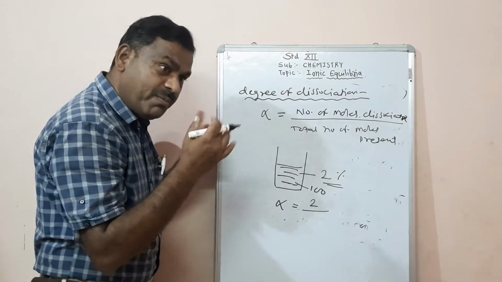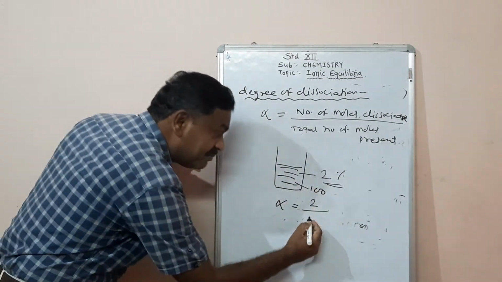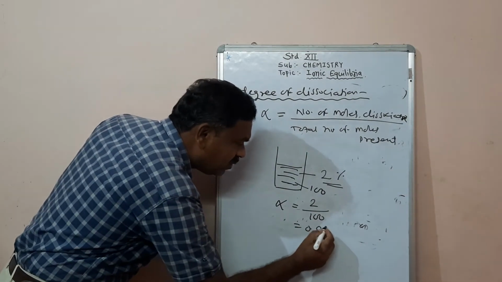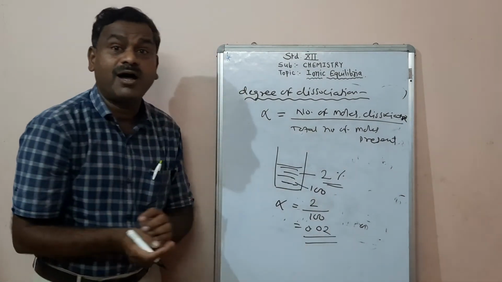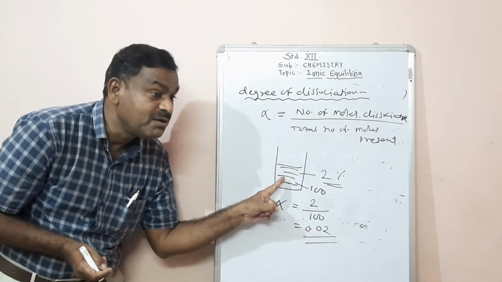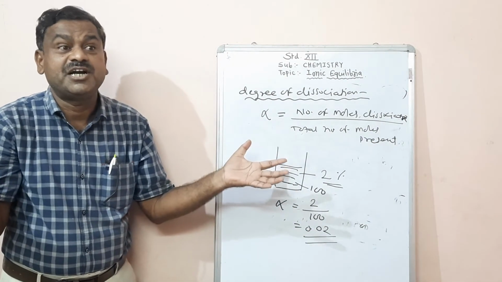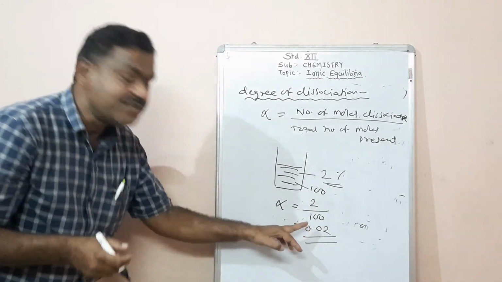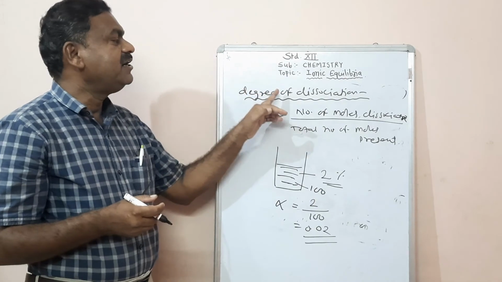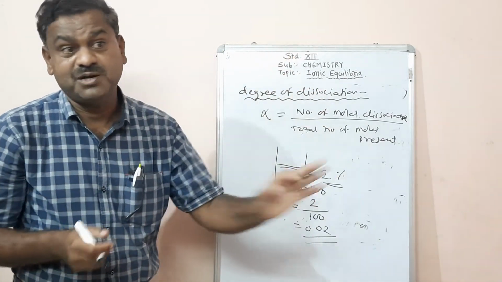Out of 100 total molecules, 2 are dissociated, so alpha is 2 out of 100, therefore 0.02. This much amount of substance is dissociated, and that fraction is known as the degree of dissociation.